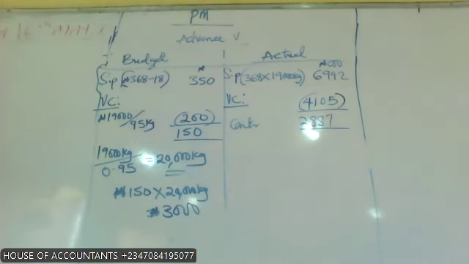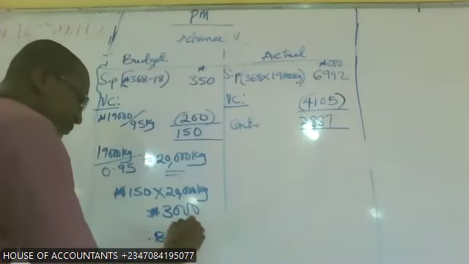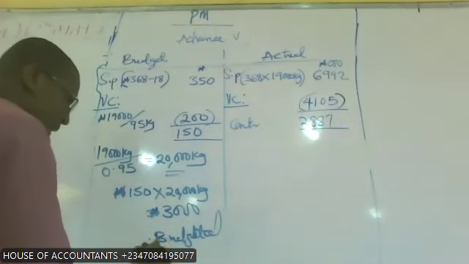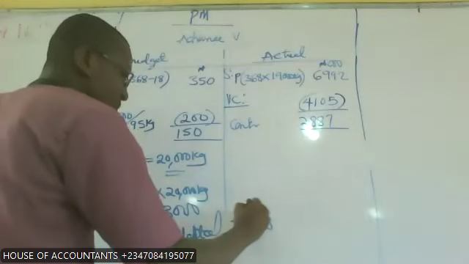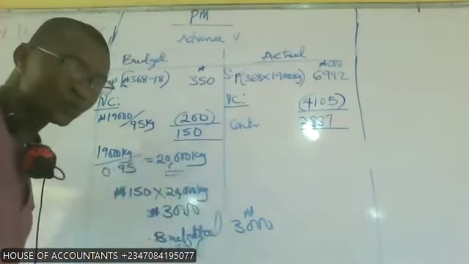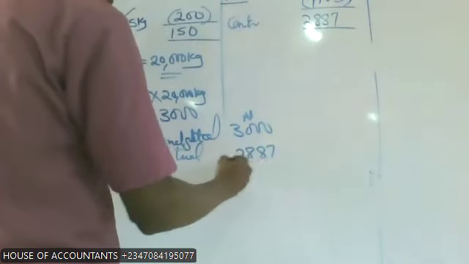3 million is the projected contribution. 2,887 is the actual. Now we will compare projected and actual. 3 million, 2,887.